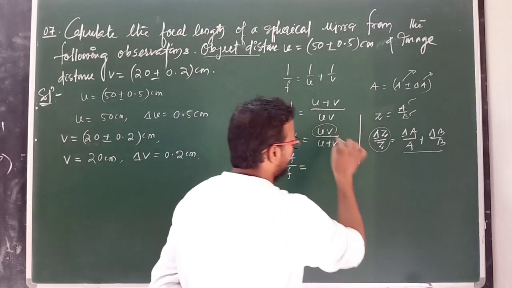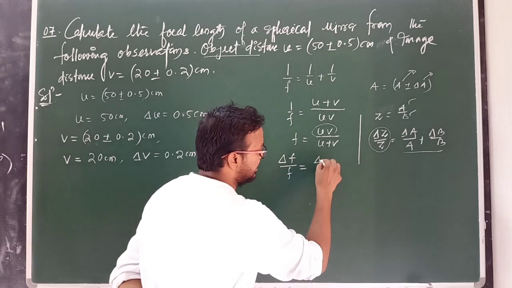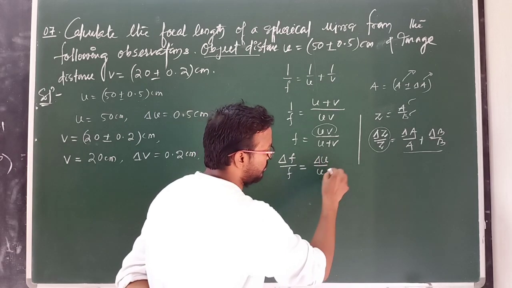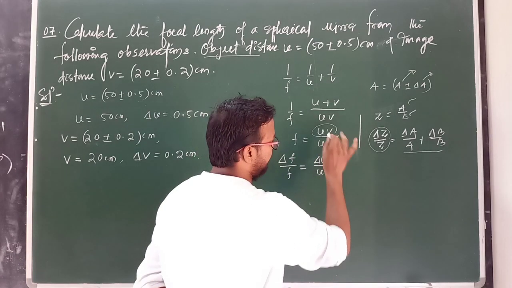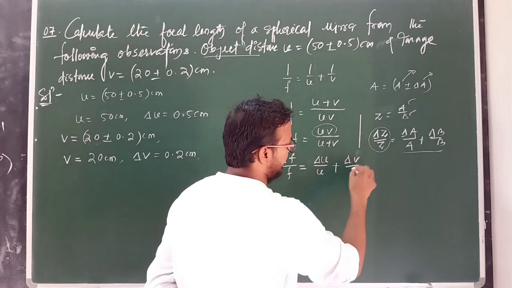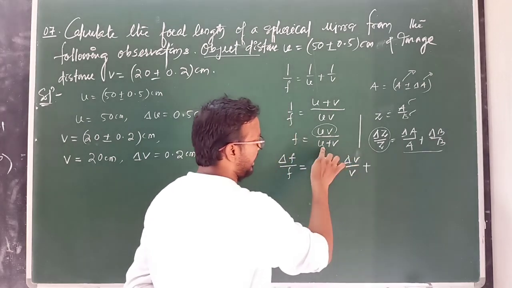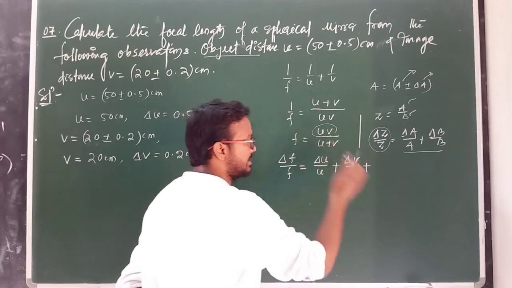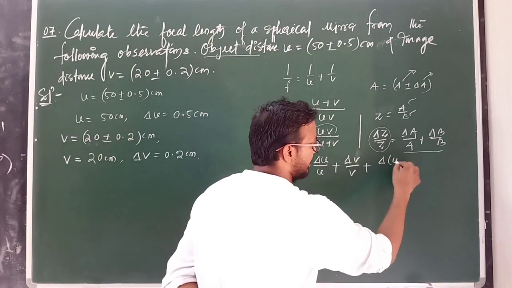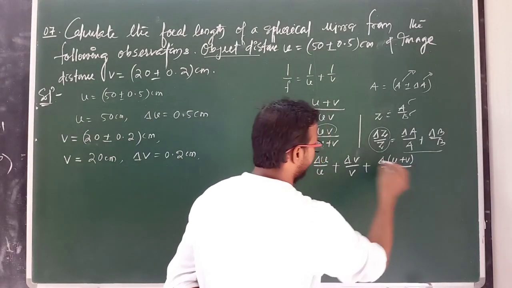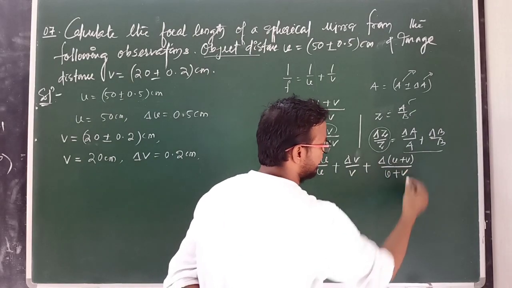So I am writing this format directly here: delta u by u plus delta v by v, plus the remaining part, delta of u plus v divided by u plus v. Clear?